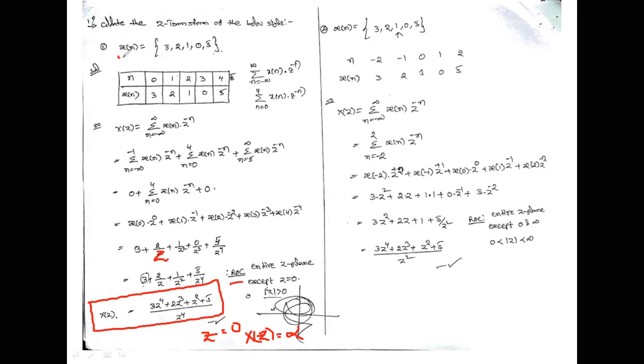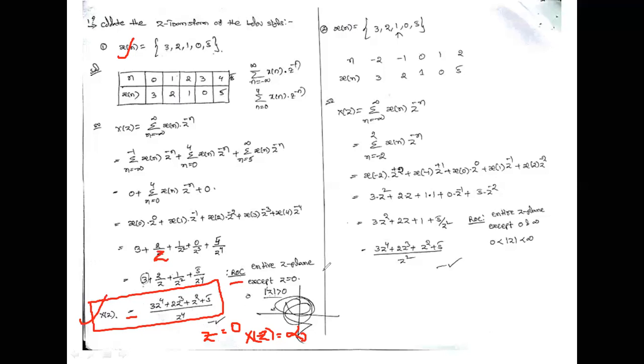For the given sequence x of n, we got the function x of z equal to 1 by z power 4 times the polynomial. At z is equal to 0, the function becomes infinite, but for all remaining values of z it exists, meaning you get a finite value.